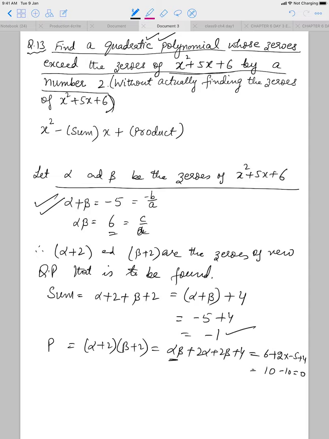So sum is minus 1, product is 0. Therefore, the quadratic polynomial formed is x square minus the sum, which is minus 1, into x, plus the product, which is 0, which is equal to x square plus x.